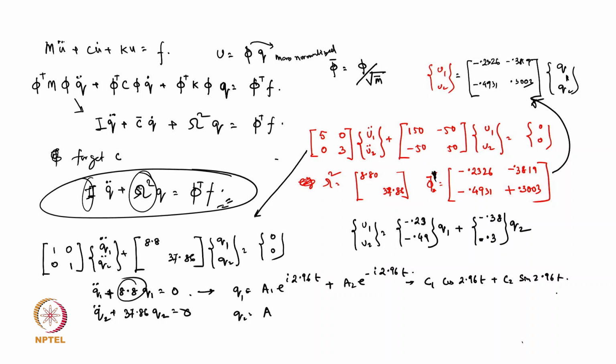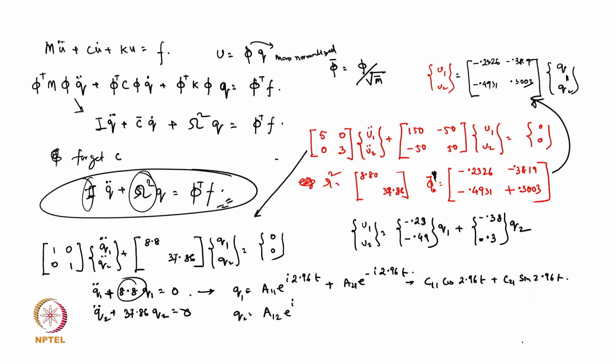So maybe I'm just using the 1 1, that is 2 1. Okay, so that is the first mode, and this is a12 e to the power of i. How much is that? Just square root of 37.86.